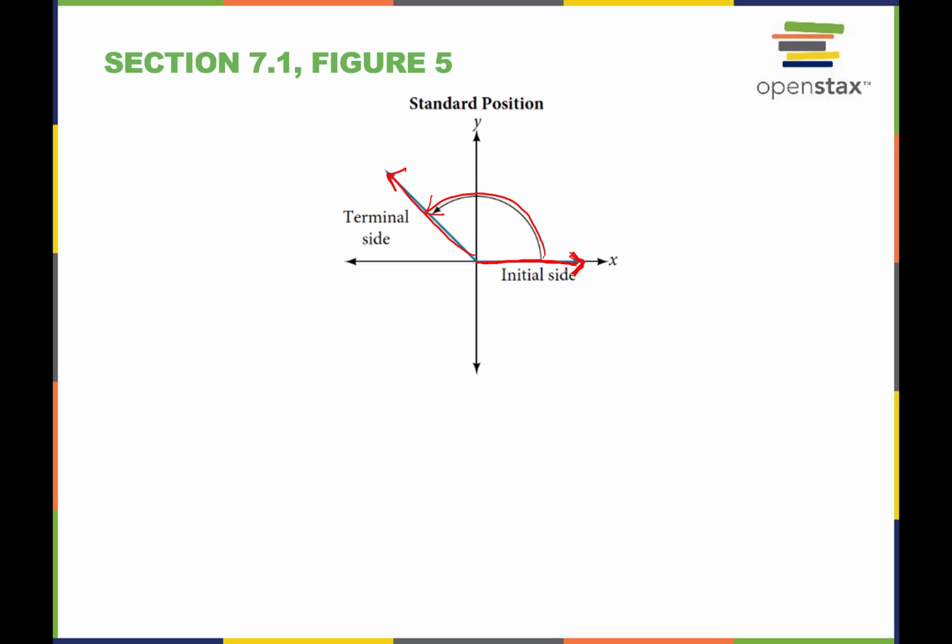Actually, let me mention something also. If it sweeps open this way, this is going to be a positive angle. If it starts here on the initial side, but it sweeps open this way, this would be a negative angle. So the positive and negative in front of whatever your degrees is for your angle just tells you which direction that terminal side sweeps open.